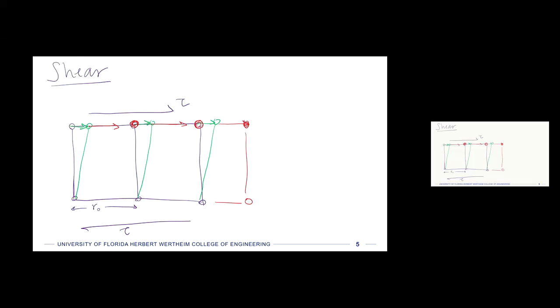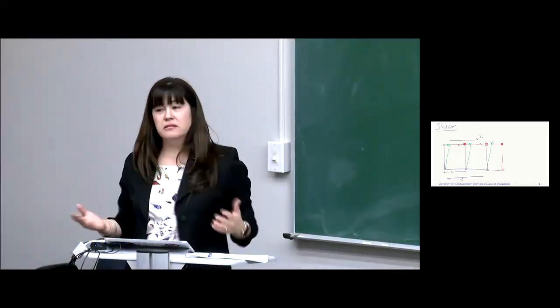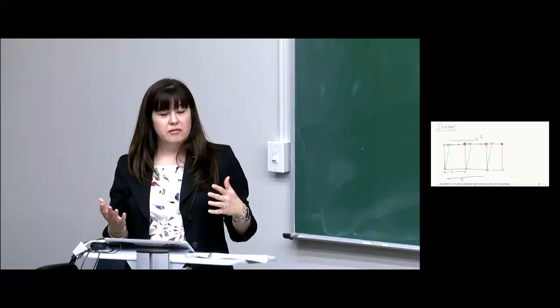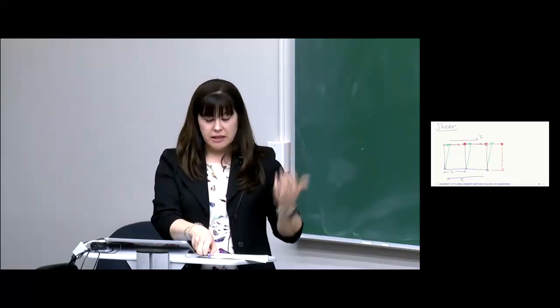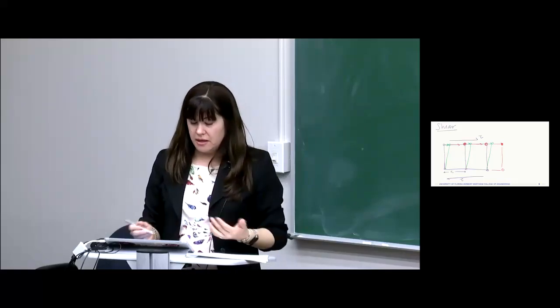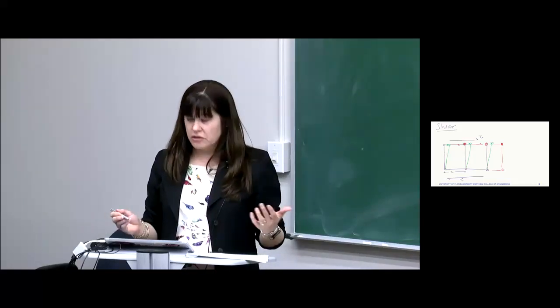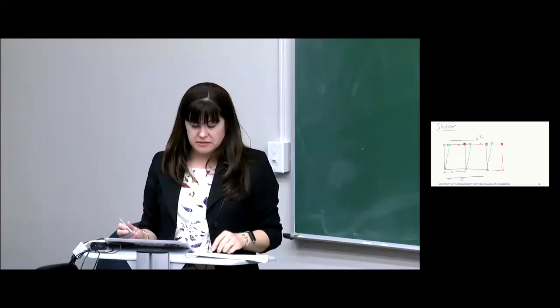So early theoreticians postulated that this happened all at the same time. They said, listen, I can take a very crystalline material and I can push it really hard, and it looks to me like this happens all at the same time, right? This thing goes and everything slips. And so they tried to theoretically calculate a stress under which that would take place, right?